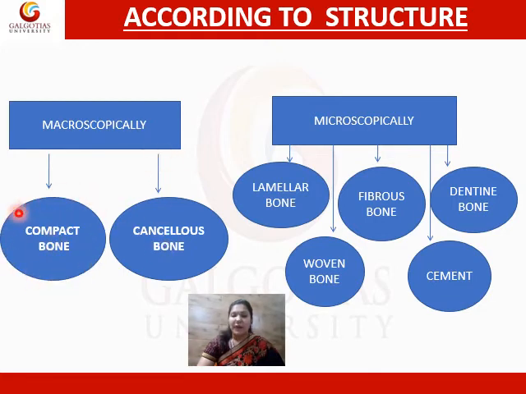First is compact bone and second is cancellous bone. Microscopically, the bone is divided into five major types. First is lamellar, second is woven, third is fibrous, then cement and dentine bone. Let's discuss them one by one.